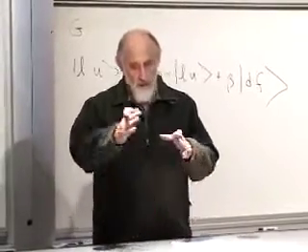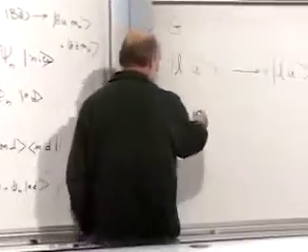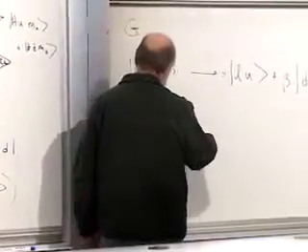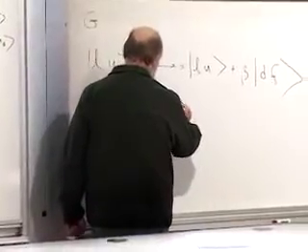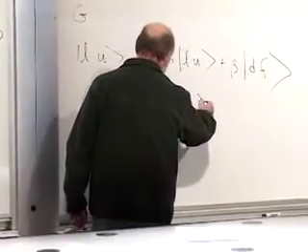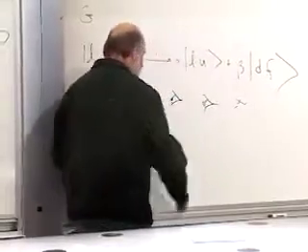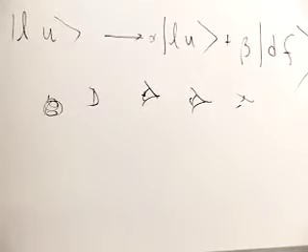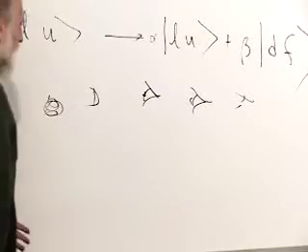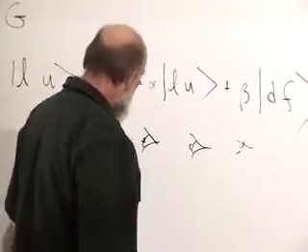As I said, the division: here's your system, here's your detector, here's somebody looking at it, here's somebody looking at that, and so on and so on. And where you draw the line between the system and the detection is ambiguous, but depending on where you draw the line, at some point you will have to say the wave function collapses.